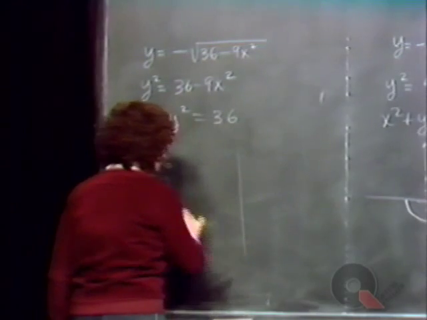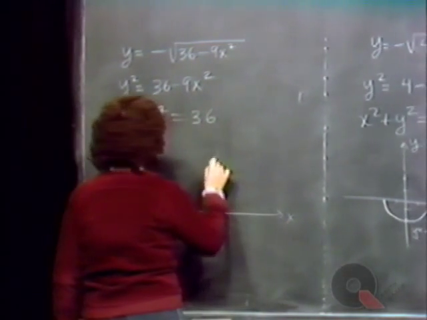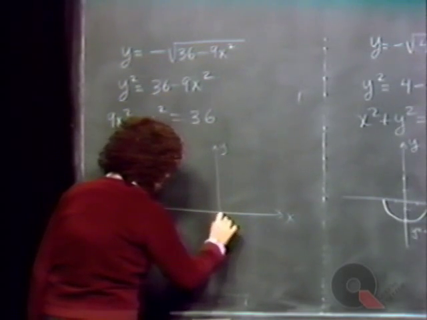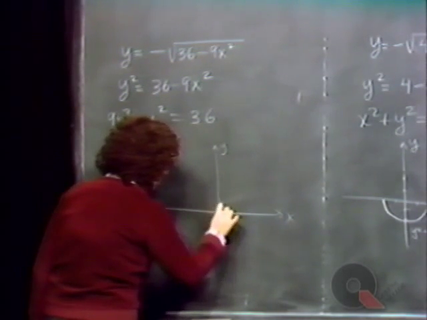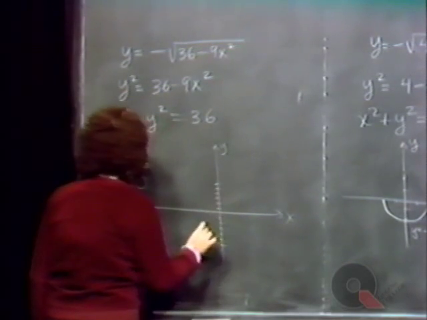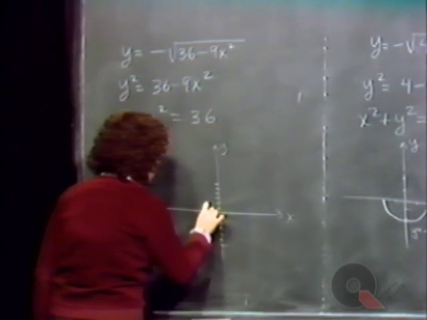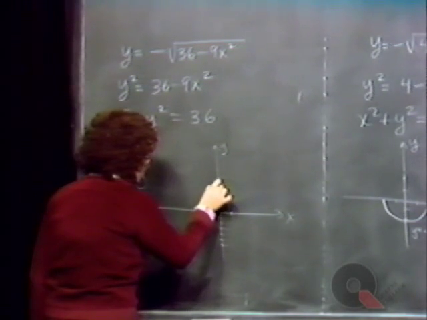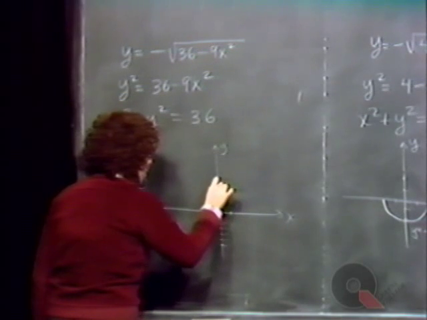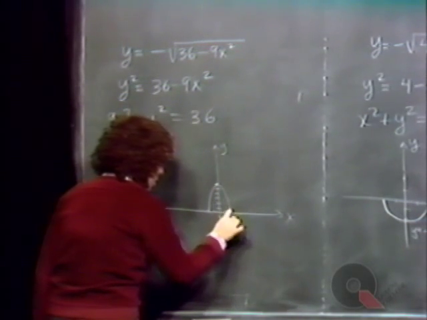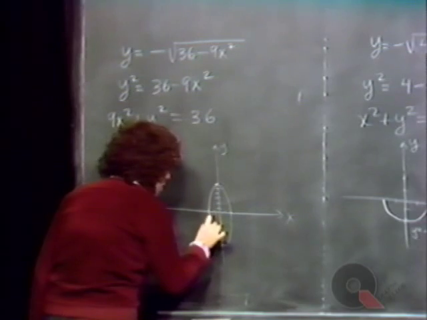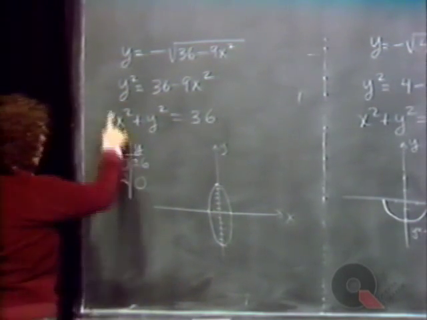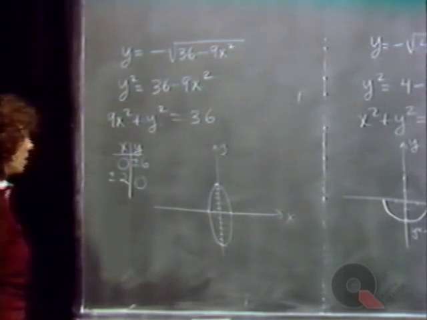We have an ellipse going through the points 0, minus 6, 0, 6, 2, 0, and minus 2, 0, going through these 4 points. These are the intercepts. That is the graph of 9x squared plus y squared equals 36.